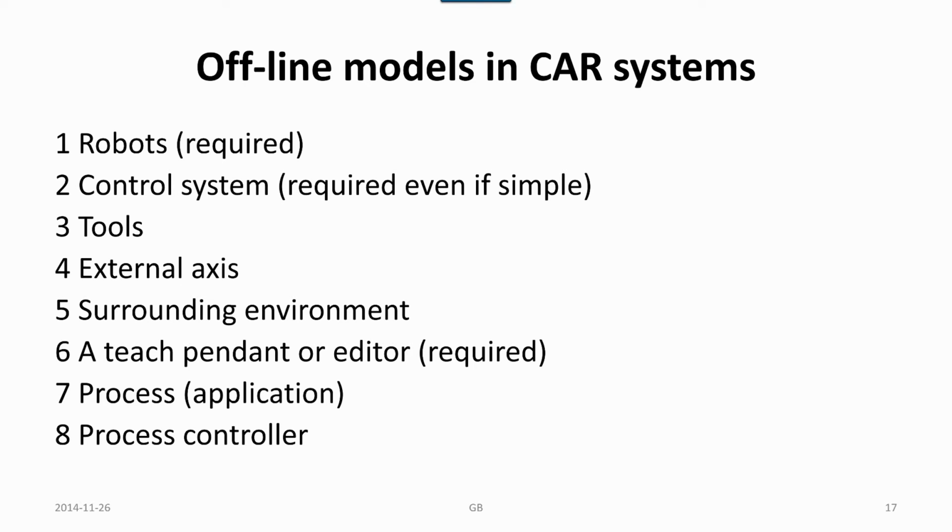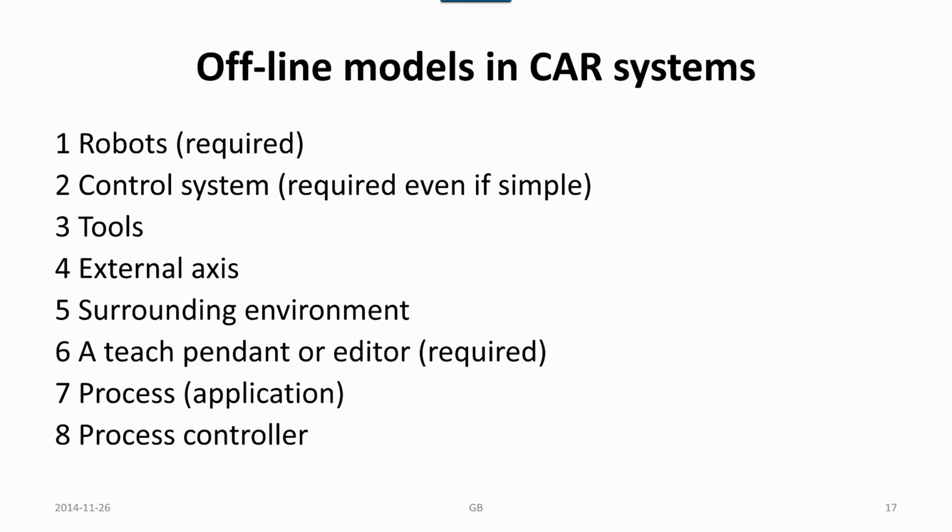So offline systems usually include the robot, and these kinds of systems usually have a large set of different robots available. If they are not available, they usually offer the ability to model new robots on the fly, so to say.